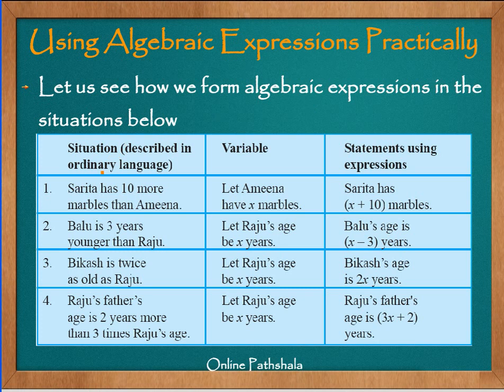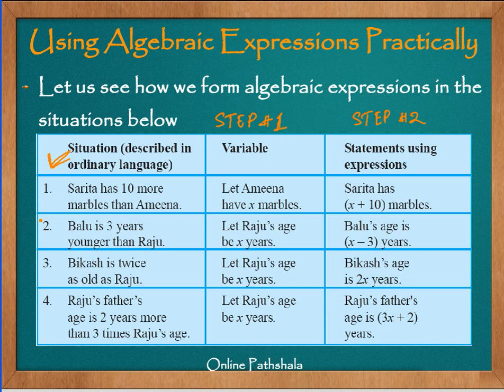In this table, we have the situation described in the first column, step 1, which is identifying the variable or denoting the unknown, in the second column, and step 2 for coming up with the algebraic expression. Now let us go through these 4 examples one by one.